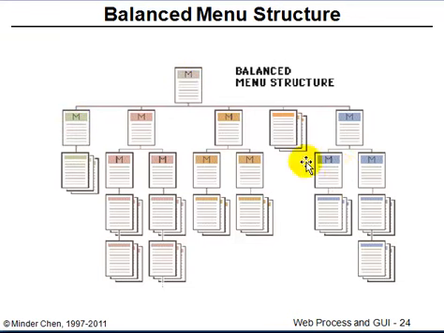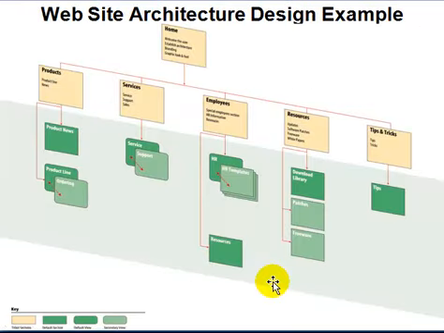So the child pages could be 3, 4, 5, or even 6, 7, but not too many, and not too small. When you break down to 2, it's okay, but preferably maybe 3 to 6 pages, linking to each other. That's what we call a balanced menu structure or tree structure in terms of website design.